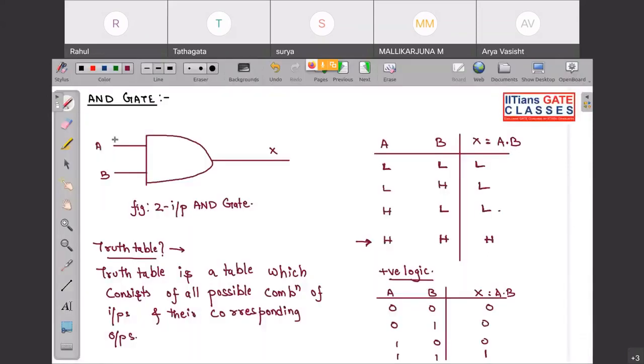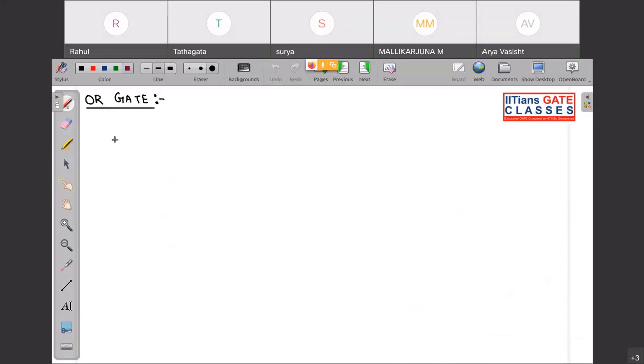So what did I say? An AND gate is a gate where your output will be high when all the inputs are high. So this is the basic AND gate. Now let us study the OR gate.